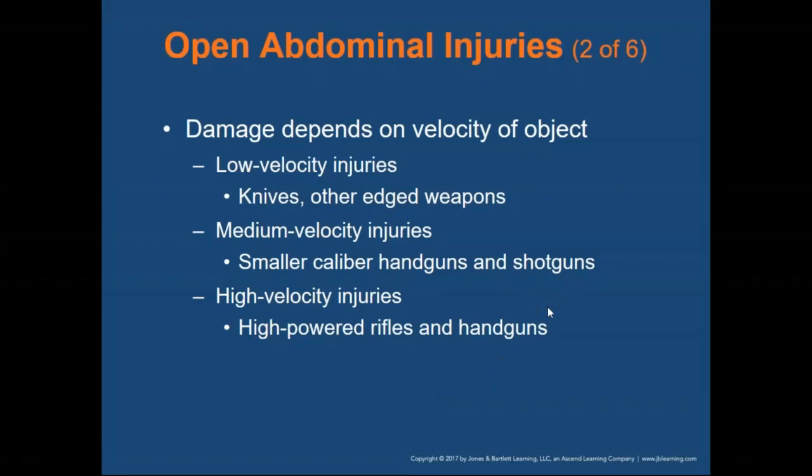Shotguns: you have multiple impacts of medium velocity projectiles, depending on how close the person is to the shotgun. If a patient is shot with a shotgun from 6 inches away from their abdomen, that's going to appear more like a high velocity injury.